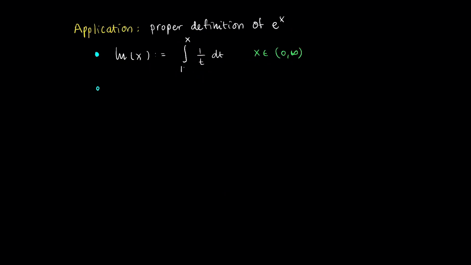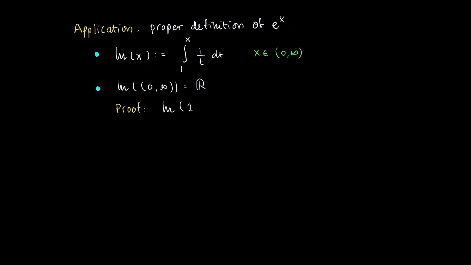Okay, first what we're going to do is show that the image of the interval 0 to infinity under the natural logarithm is in fact exactly R. Well, the way we're going to do this is we're going to look at two sequences. So the proof is easy.